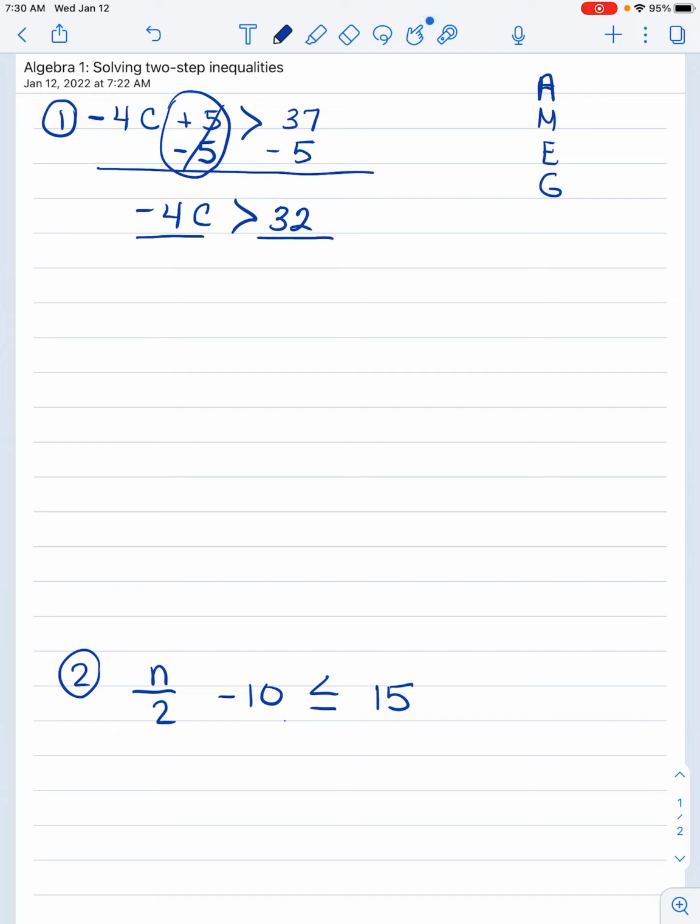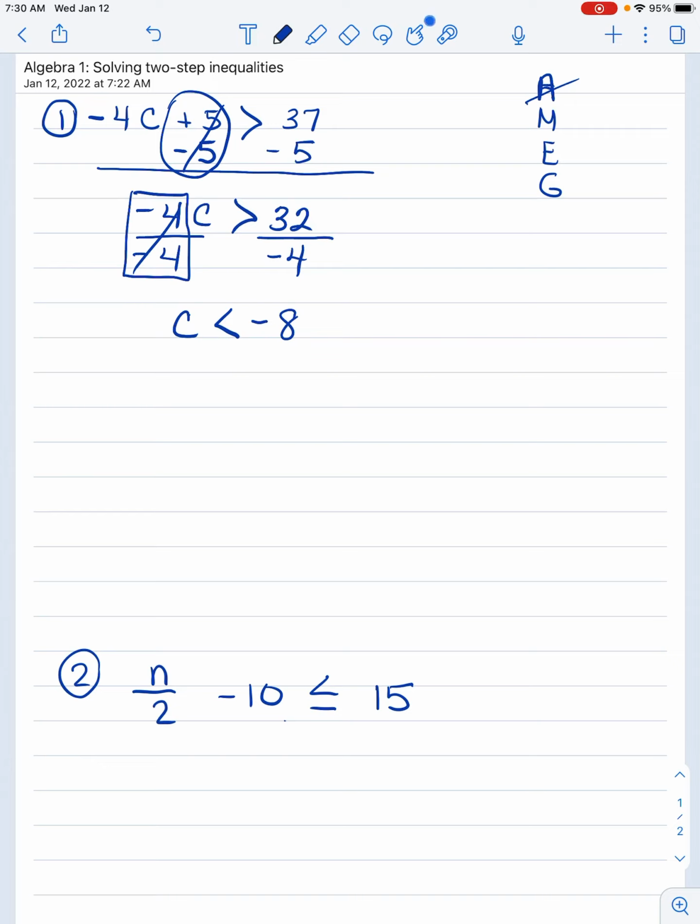So once I divide both sides by negative 4 to isolate my variable, my inequality is going to become is less than instead of is greater than. So how's that going to happen? We're going to cancel out the negative 4. We're going to be left with c. And again, because I divided by a negative, c is less than. And 32 divided by negative 4 would be negative 8.